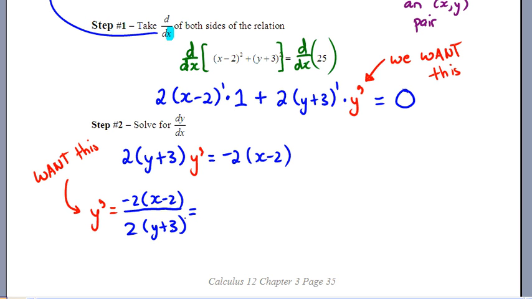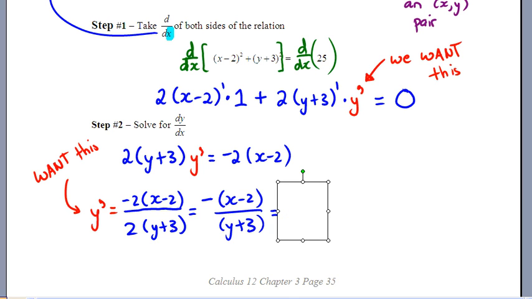Don't need the 2's. We're going to have negative (x - 2) sitting on top of (y + 3). You can leave it like that, or if you wish, you can distribute the negative. Some people might, and say, here's my answer, (2 - x) all sitting on top of (y + 3). There's my derivative. That's what y prime is.